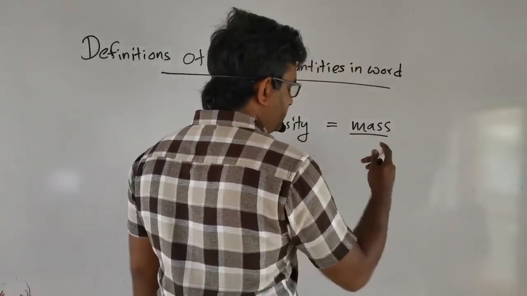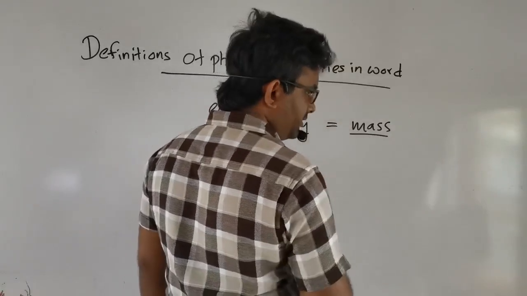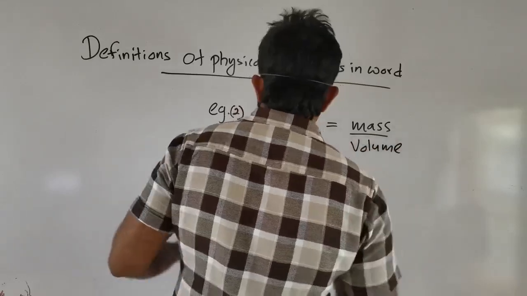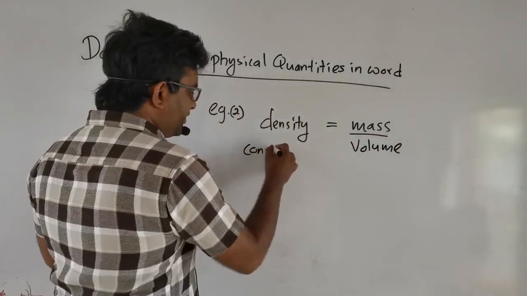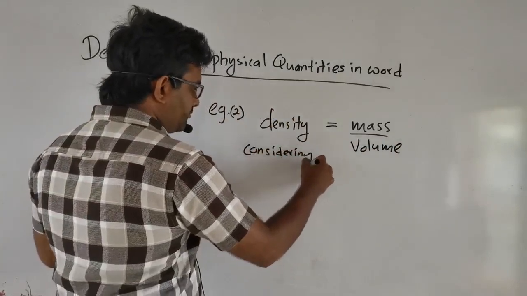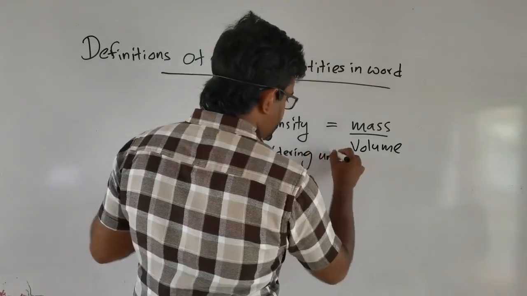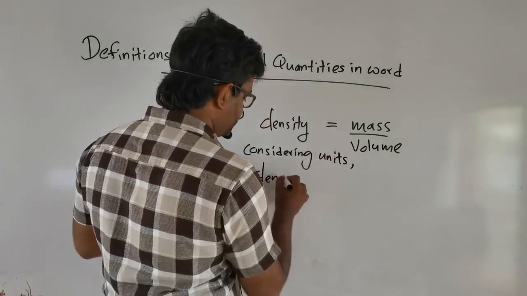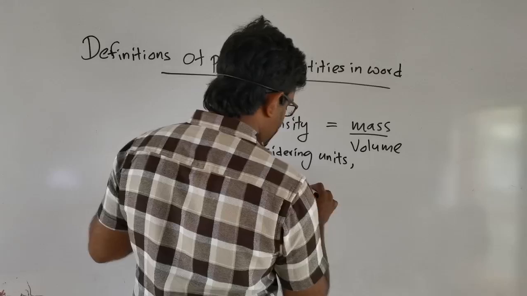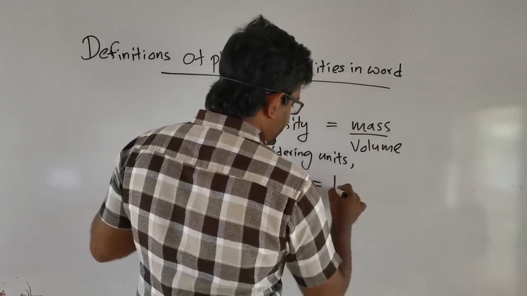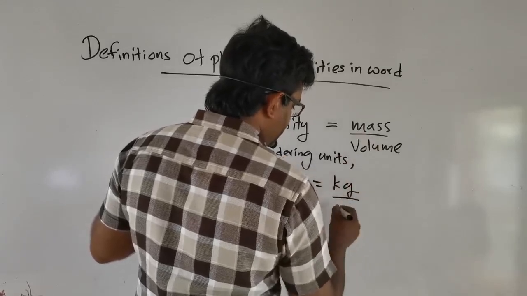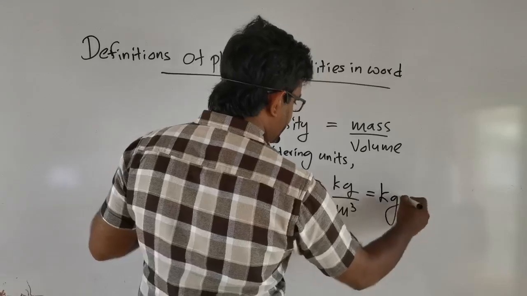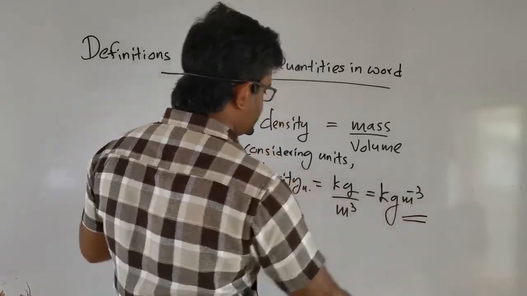Therefore per unit volume we write that in denominator. So this is how we write. Then considering units, we can write units of density, units of mass kilograms divided by cubic meters. We can take that to numerator, kilograms per cubic meter.